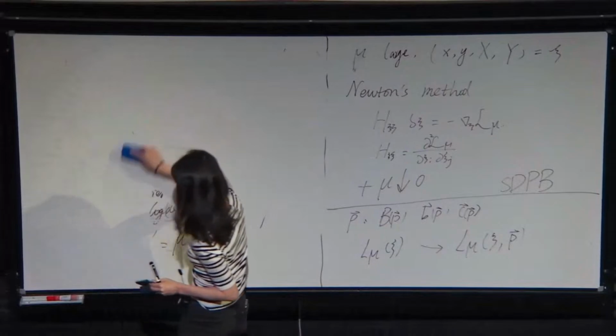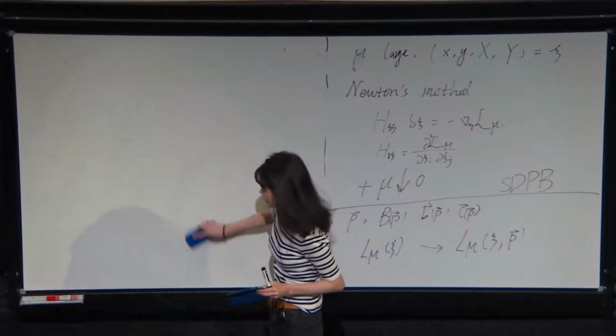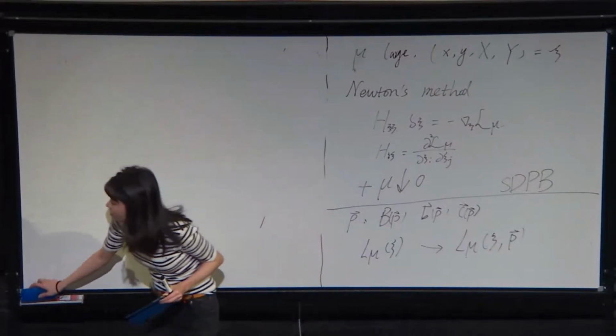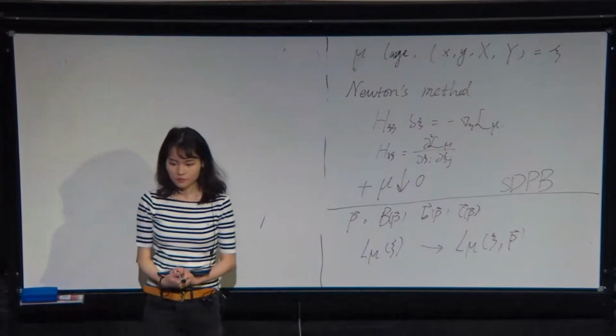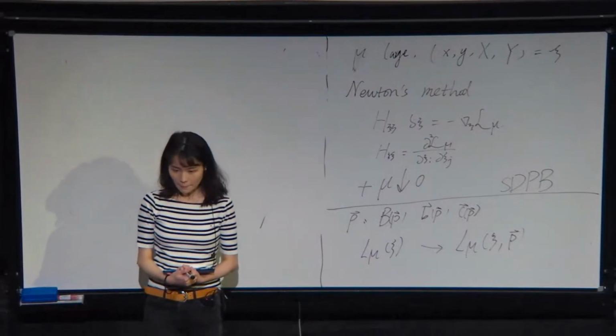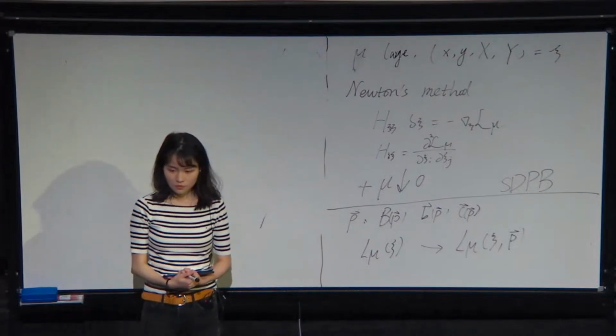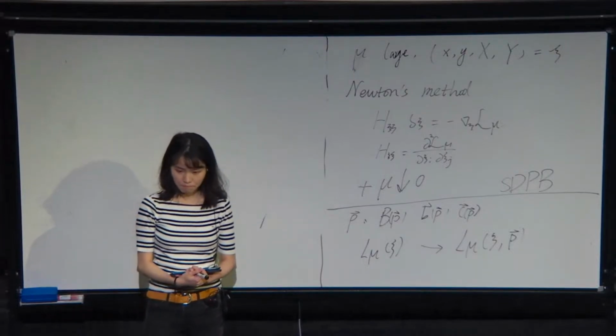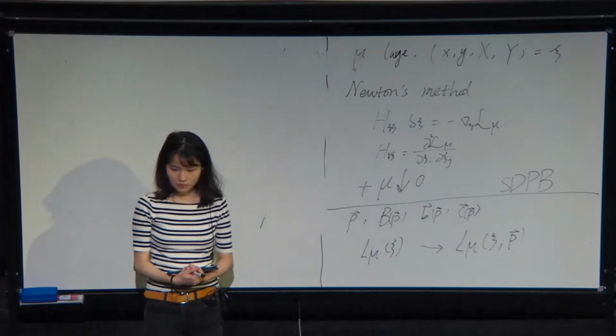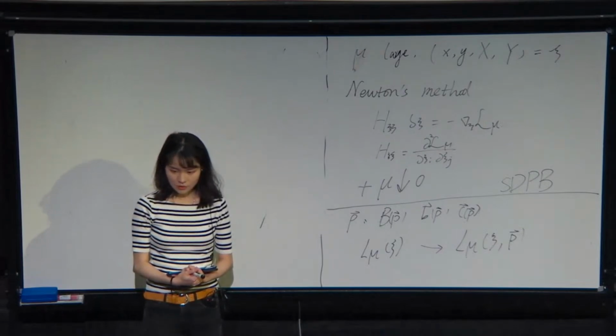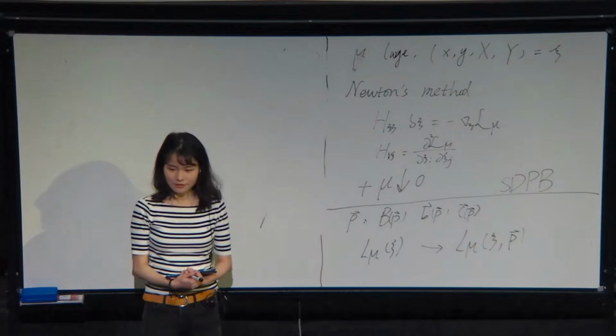Can I ask a bit of a philosophical question? You now have variables X, Y, but you also have this mu, which also has to flow to 0, but this flow is very different from the flow of X and Y, because it's not governed by any Newton step or anything.